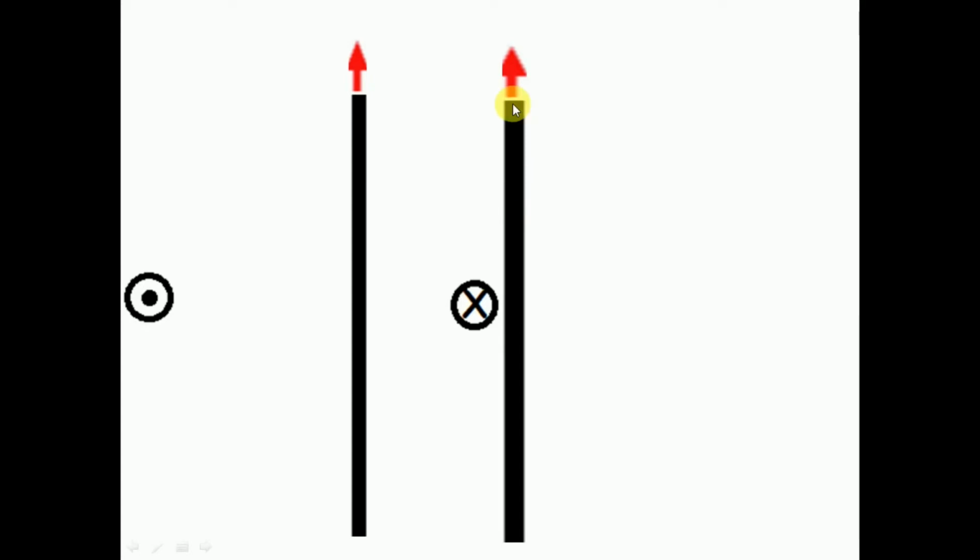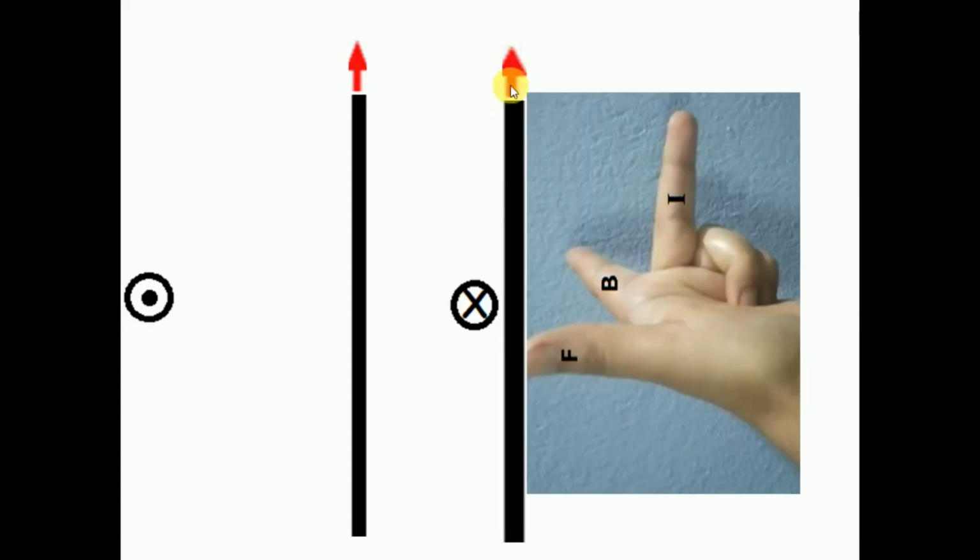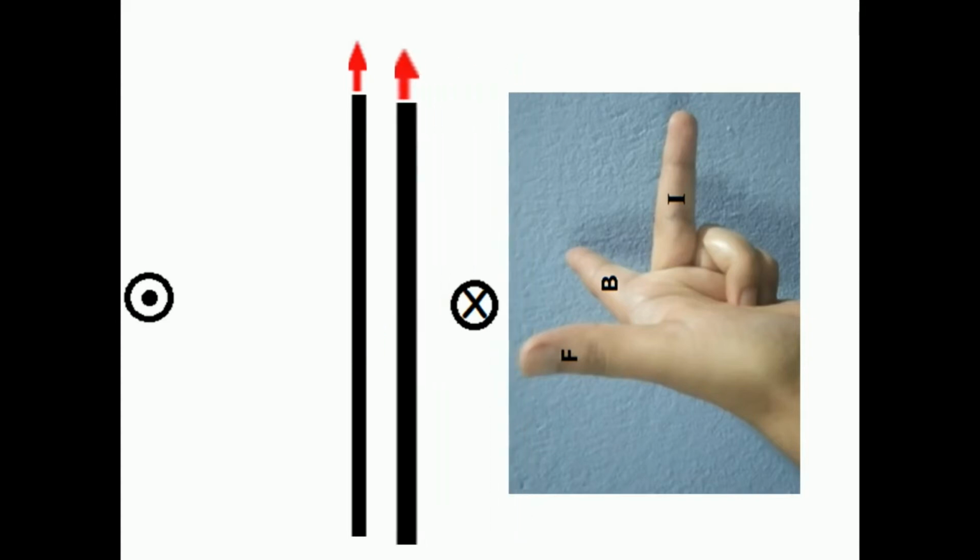So now let's take one conductor, and current is flowing in the upward direction. Using the right hand thumb rule I can draw the magnetic field. If you keep another current carrying conductor with the current in the upward direction and the magnetic field going into the plane of the screen, there will be a force towards the left.